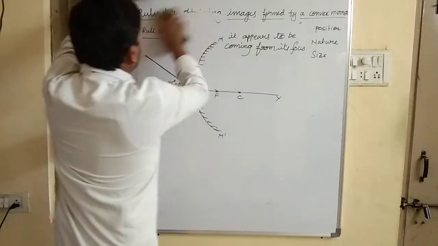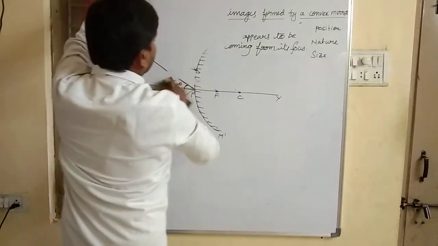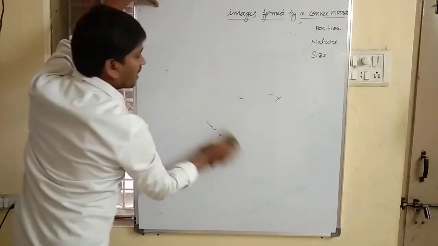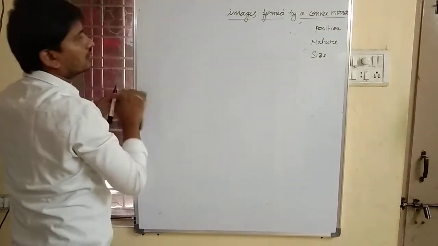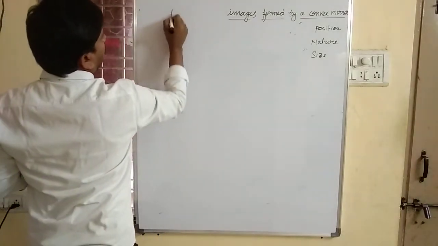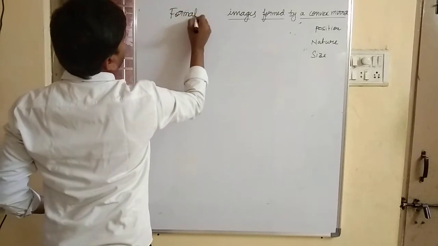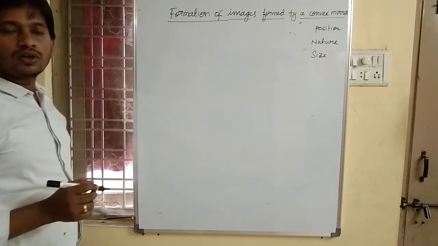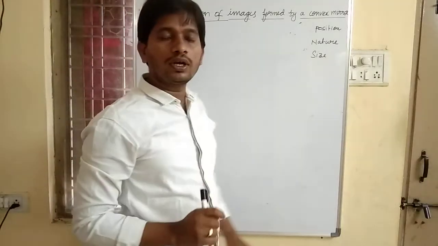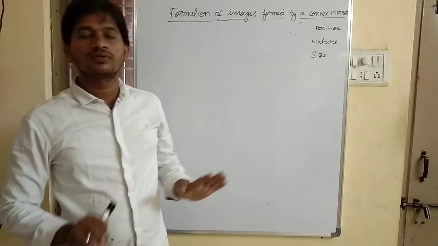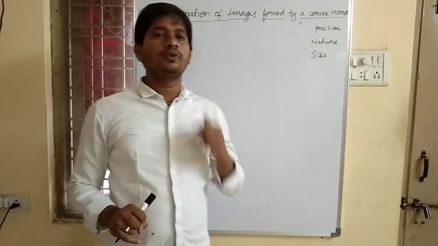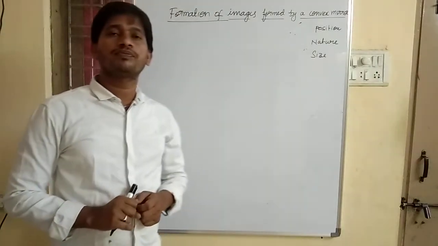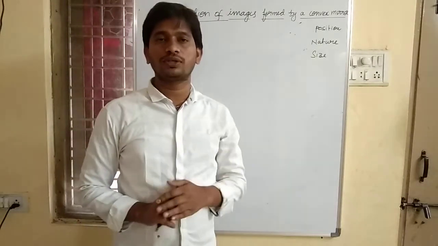Now let us discuss the formation of images by a convex mirror. For a concave mirror, actually we have 6 cases. If we place an object at different positions, we will also get the image at different positions.